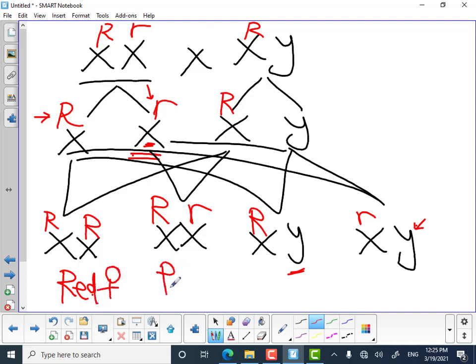Here, red color female, hybrid. Like we know, yes, this carries R capital, R small, but only the dominant characters will appear.